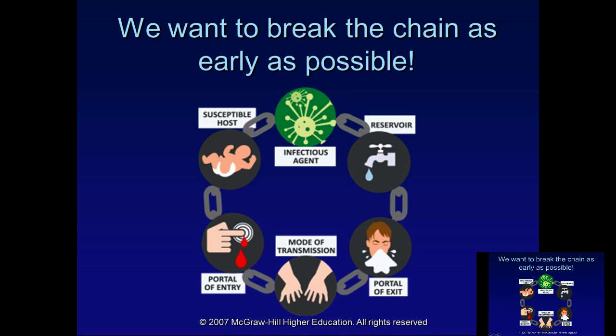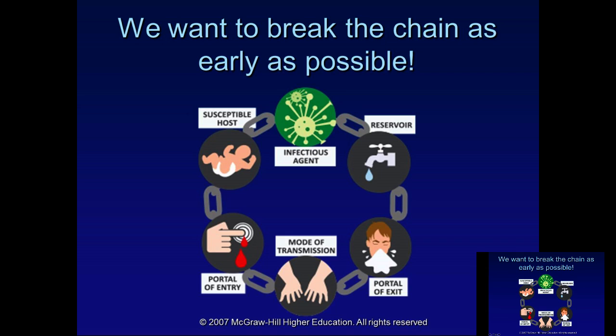So this agent might exist, let's say salmonella. Salmonella exists in our ecosystem, right? So we can't prevent it from existing at this level. But if we properly store and prepare our chicken, then it's going to break the chain at this level. So we don't have to worry about it entering via portal of exit, or being transmitted to somebody else. We've actually broken it early on.